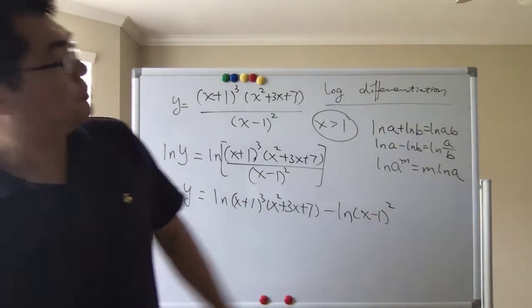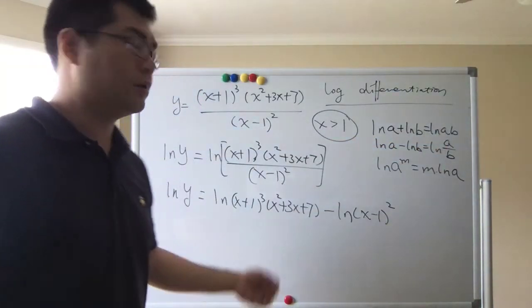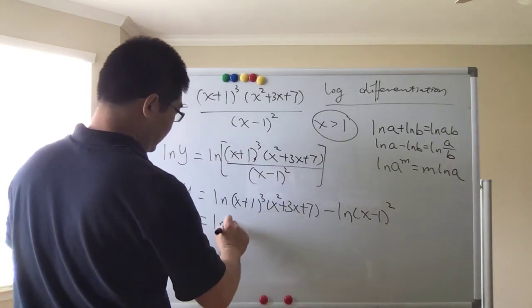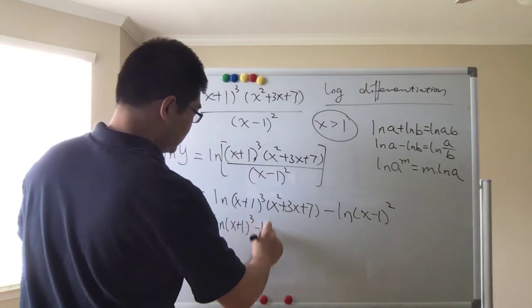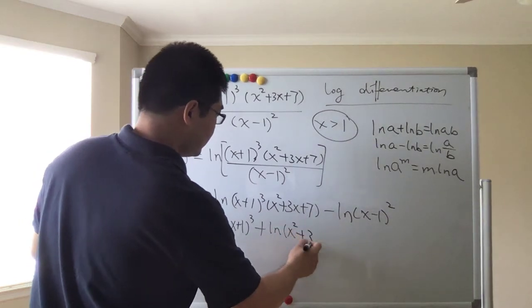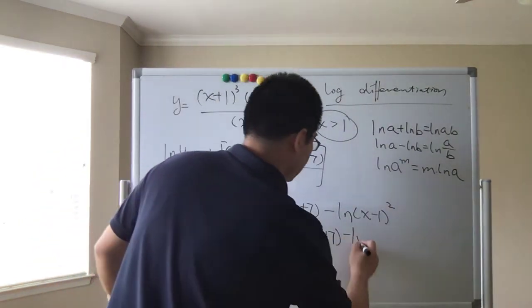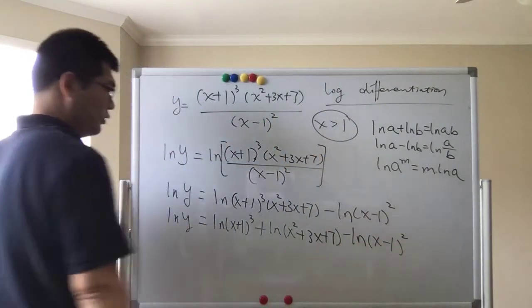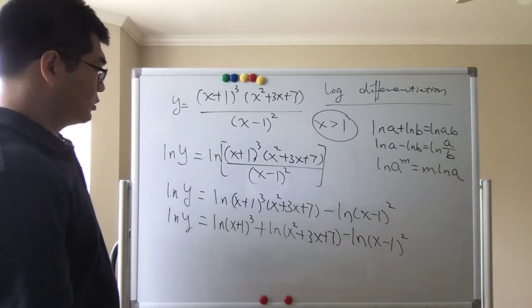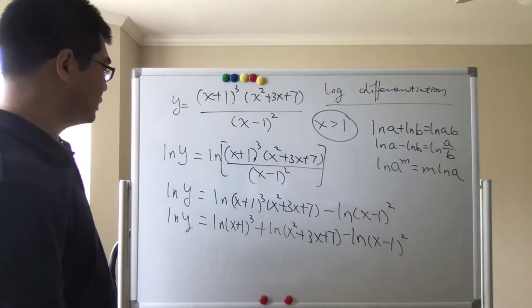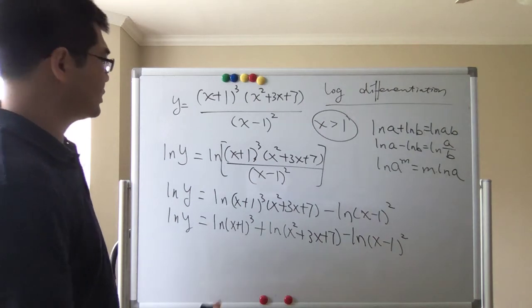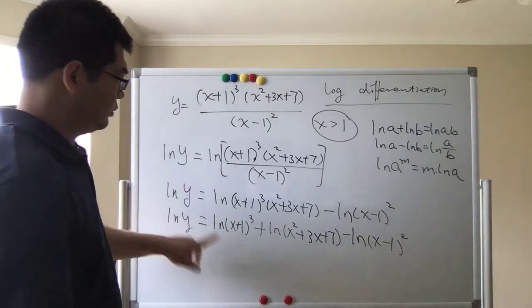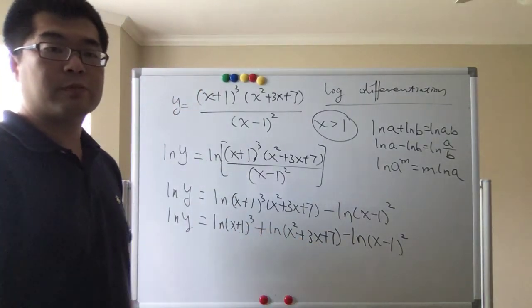We can also use the backward property of part 1 to split this into two parts. That gives us ln of (x + 1)^3 plus ln of (x^2 + 3x + 7) minus ln of (x - 1)^2. This is ln of y. So up to here, on the right hand side, we pretty much simplified into three logarithmic functions.